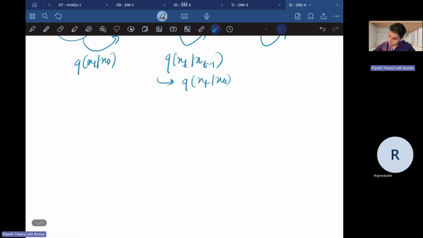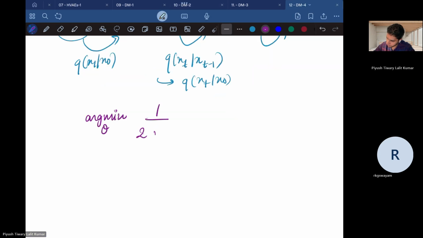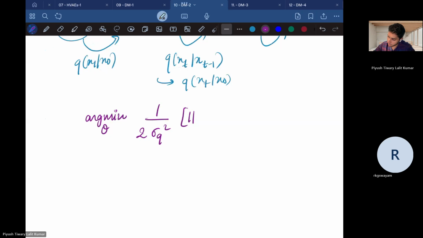It looked something like arg min over theta of 1 by 2 sigma q square, norm of mu theta minus mu q, norm square.